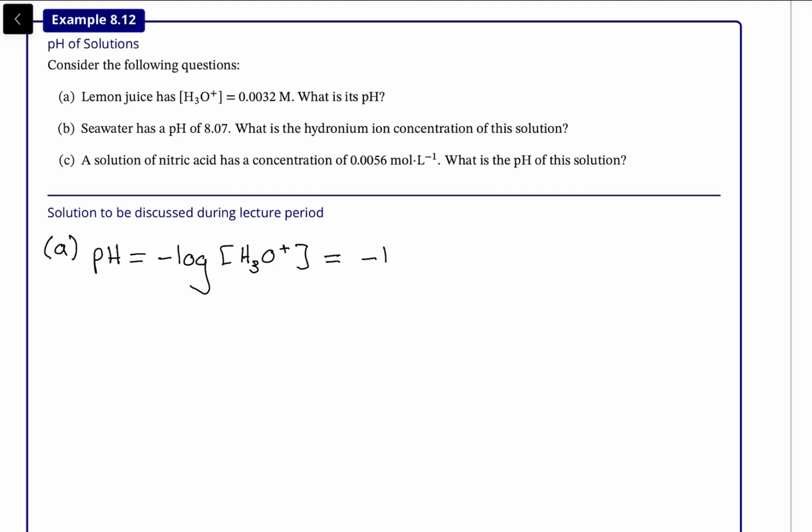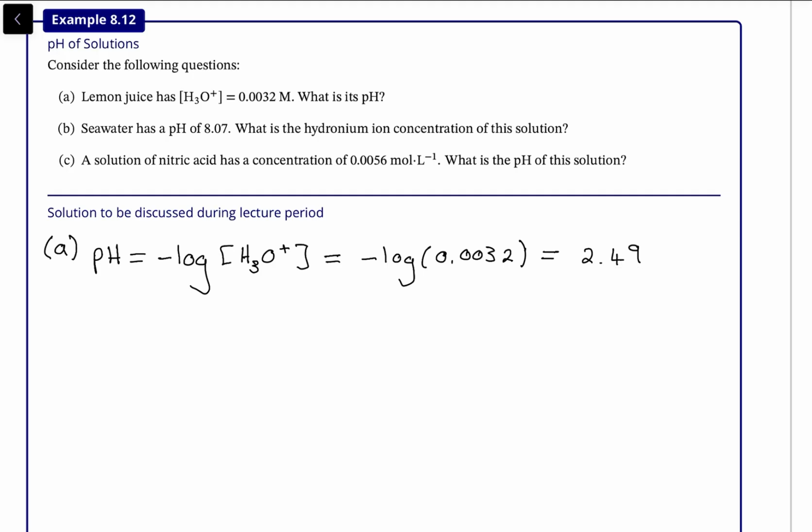That means we take negative log of 0.0032, all right, and that's going to give us a value of 2.49. Notice how I rounded this to 2 decimal places.